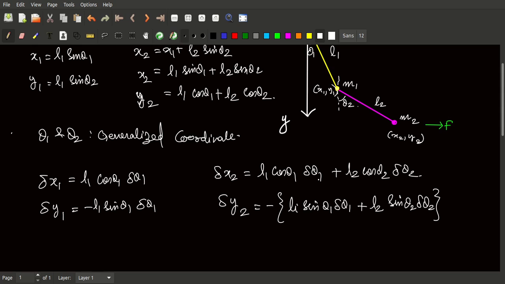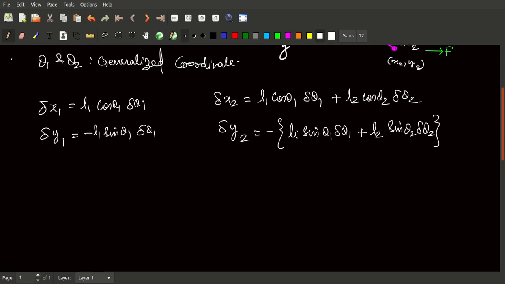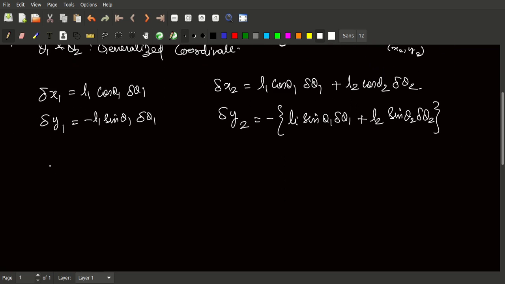So the external force on bob 1, let's write that first, it will be simply m1g y cap, and on bob 2 it will be F x cap plus m2g y cap. This will be the force.